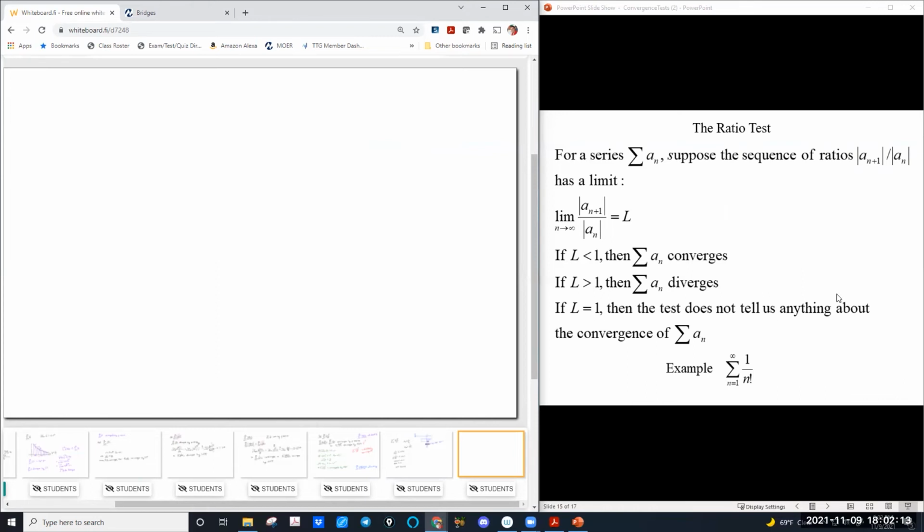It basically uses a comparison to a geometric series, which is why, just like with a geometric series, if the common ratio is less than 1 convergent, greater than 1 divergent, if you do get 1, the ratio test is inconclusive. And what I can say about that is that there's only certain series that the ratio test works for, but the ones it works for, it works really well.